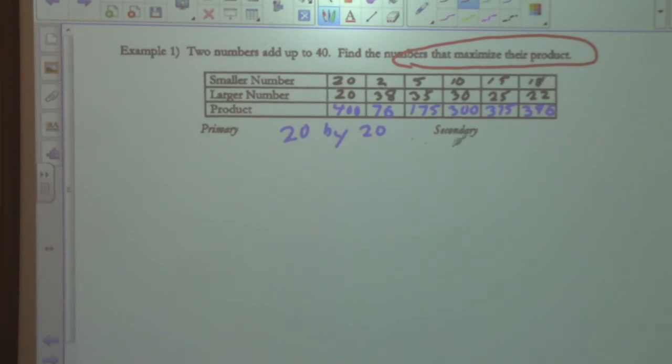So based on the trial method that you see here, two numbers adding up to 40, which two numbers, when multiplied together, give you the maximum product? 20 and 20. And so does that kind of make sense?